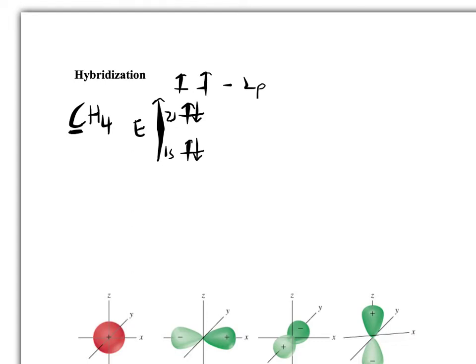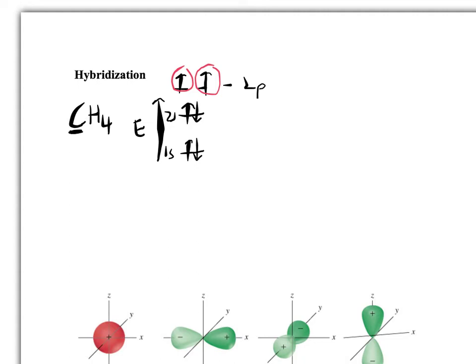So based on the atomic orbitals of carbon, we see that there are only 2 valence electrons available for bonding in an atom of carbon in its ground state.